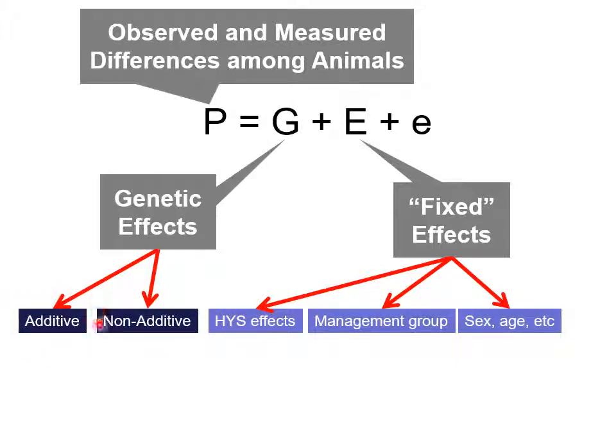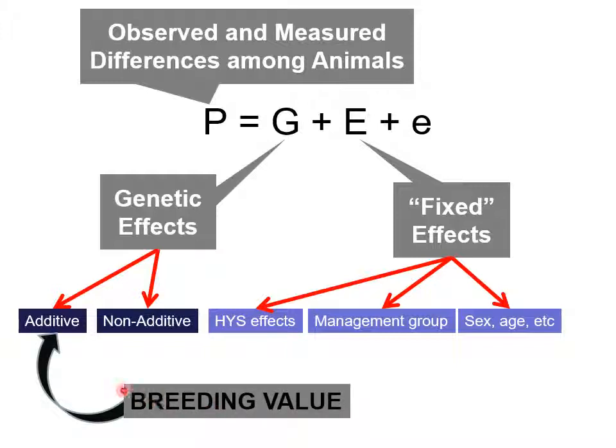So what we actually want to know if we predict breeding values is the additive effect. Per definition, the additive genetic effect or the additive genetic makeup of an animal is also the breeding value of that specific animal, or the value of the animal as a parent in the next generation. Good. Like I said, that is then the breeding value.